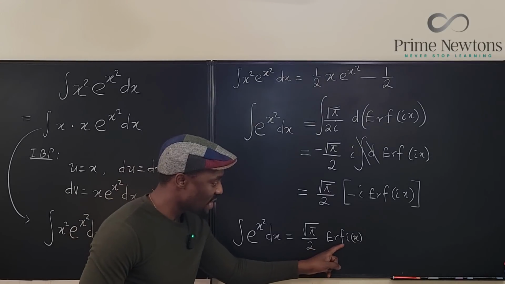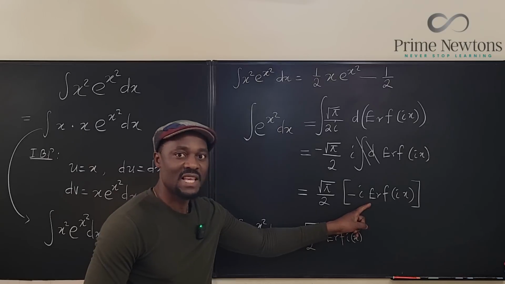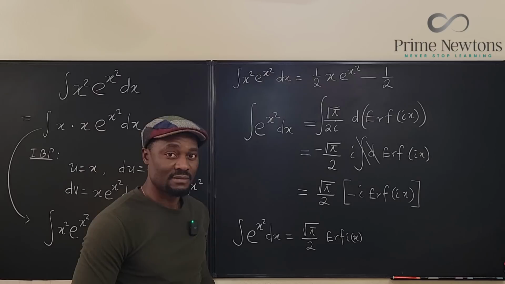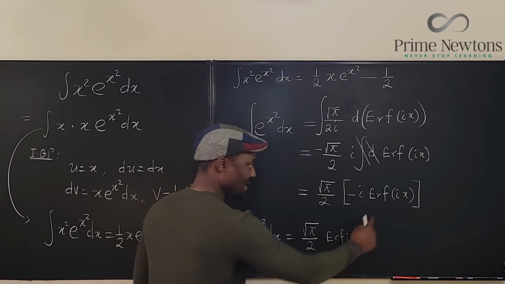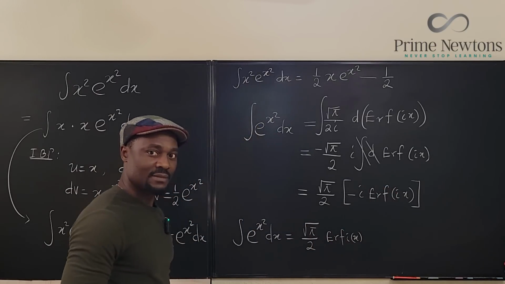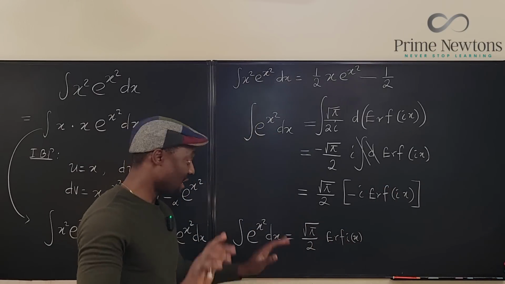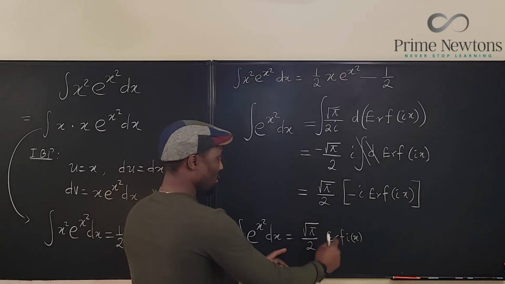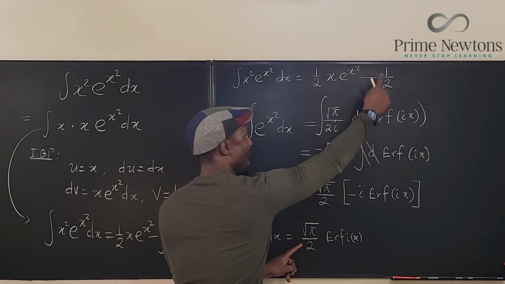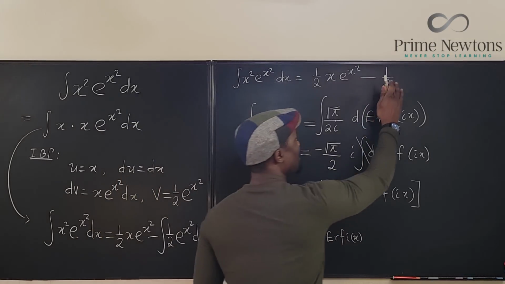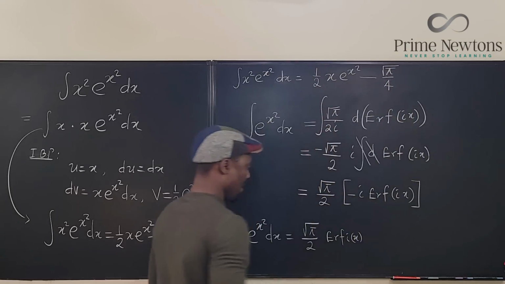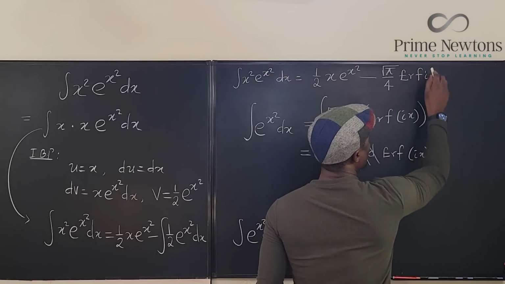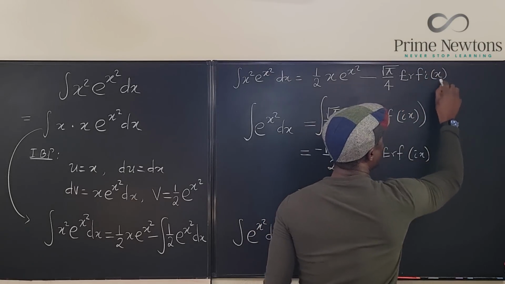Where this imaginary error function of x is the same thing as negative i error function of imaginary x. This is this. And that's it. So we can go back to our answer. Since we're going to be multiplying this by 1/2, our answer can ultimately be square root of pi over 4 imaginary error function of x.